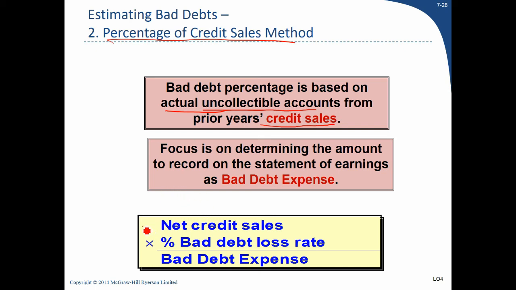All we do here is net credit sales times some bad debt percentage. And this is also an estimate, because this is based on actual uncollectible from last year. But who knows if this year will be the same as last year.